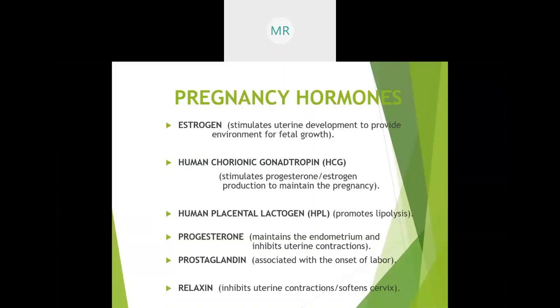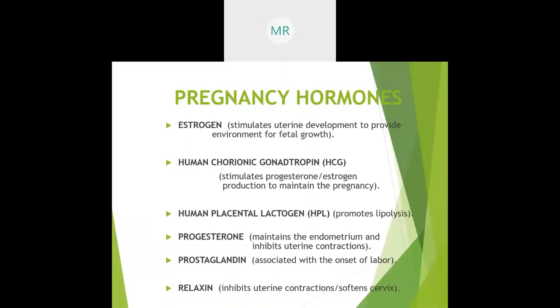And if mom has the adequate levels of progesterone that she needs, then of course her uterus will not start to contract and she won't lose her pregnancy. So progesterone is very important in pregnancy and it needs to be at high levels, okay, for the patient to be able to maintain this pregnancy.